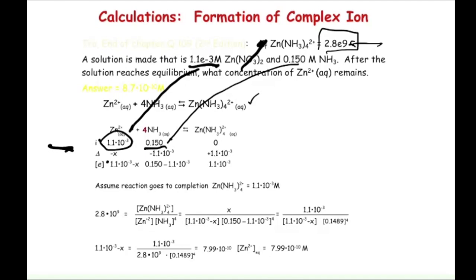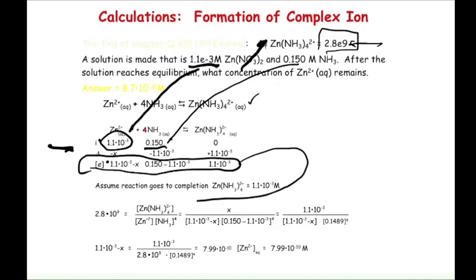Now we have this as our equilibrium line. 1.1 times 10 to the minus 3 minus x, 0.15 minus 1.1 times 10 to the minus 3, and we have 1.1 times 10 to the minus 3 as our zinc amine. What we can do now is stick these, because these are the chemicals at equilibrium, put that in the mass action expression, okay, and then solve the math.